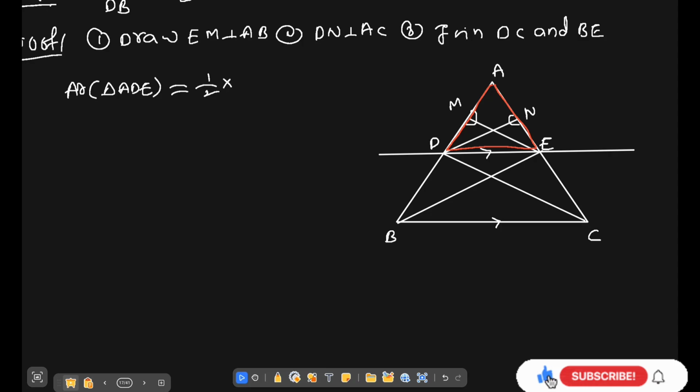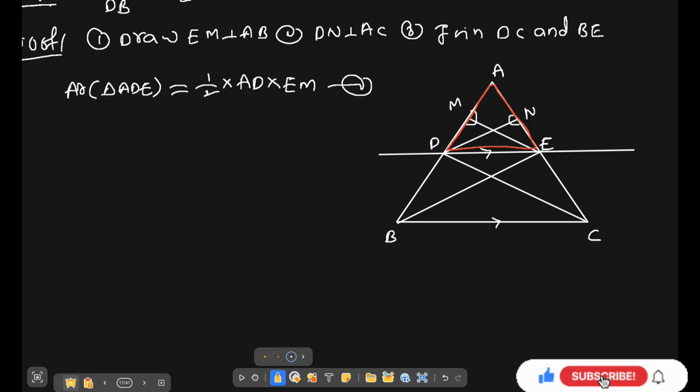Half into base. So base here in triangle ADE is AD and height is EM. Let this be equation 1.